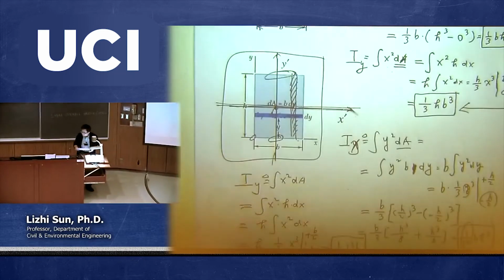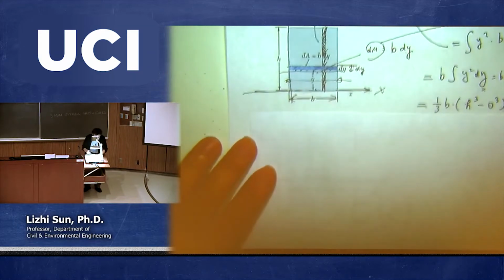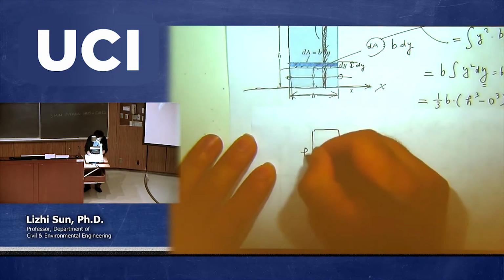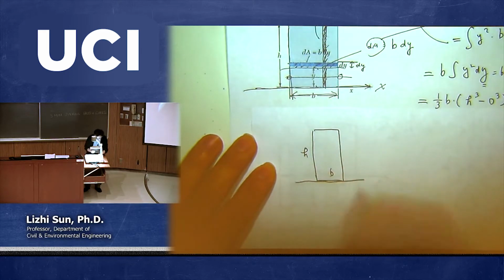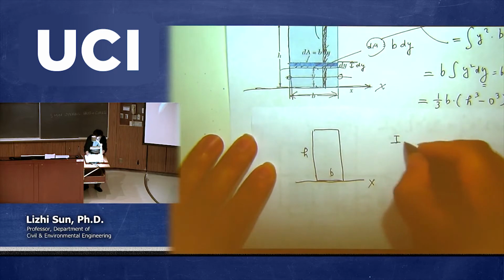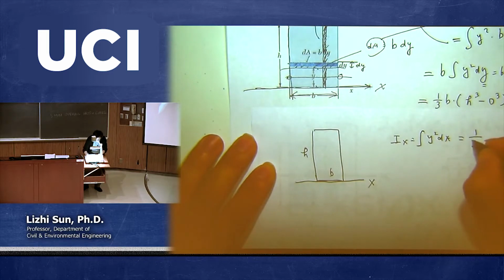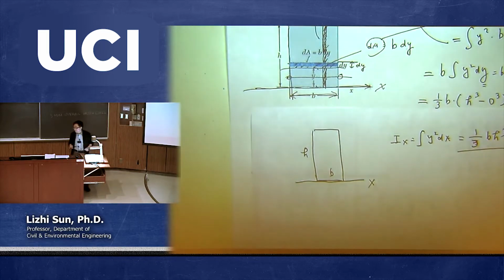Back to this one. When we are talking about b and h, if you have this, it's called x. Now Ix, which is the integral of y squared dA, based on this one, we already obtained 1/3 b h cubed. We integrated it out by ourselves.